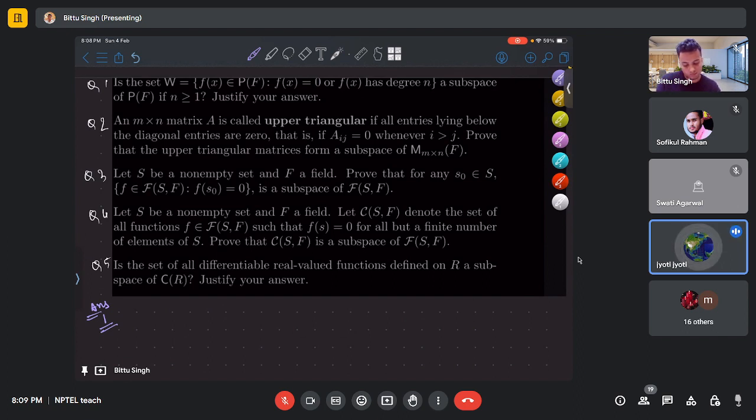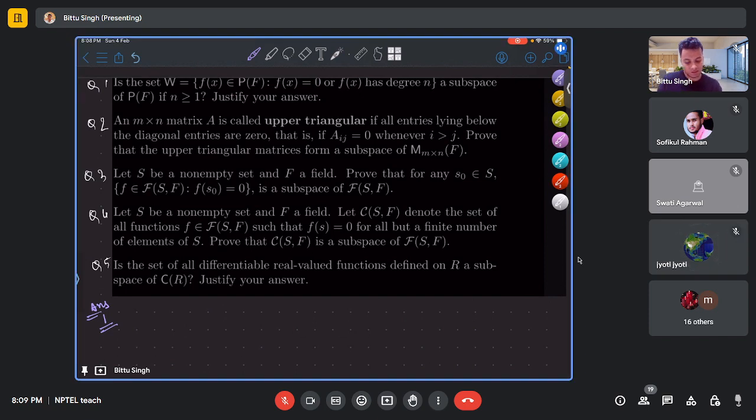So degree will disturb the subspace property, but you need to give an explicit example. Can you give two polynomials such that their sum does not belong to W?